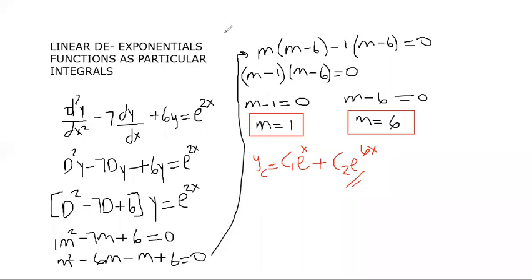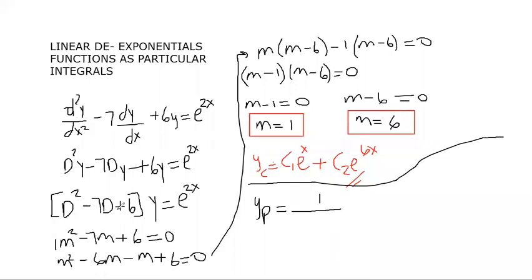Now what we need is to find yP. We realize that the right hand side is not 0, so therefore there is an answer for yP. How do we find yP now? Let's draw a line here. For yP, we say 1 divided by what is inside the bracket, which was already in its D operator form.